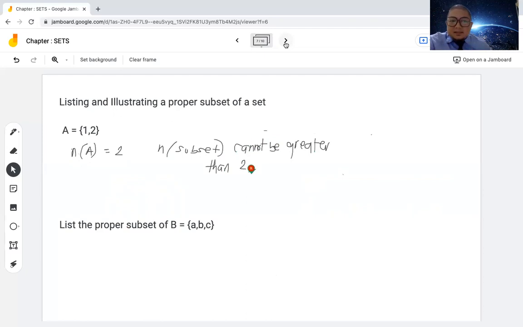So that means the elements that you will have in your subset should only be 1.